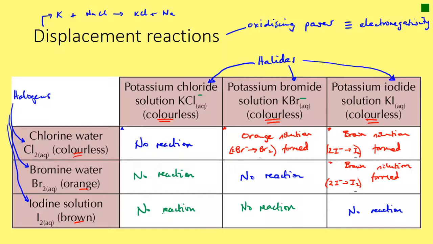And so what you're going to get is the bromine is going to come along and see an iodide ion with an extra electron. It is the more powerful oxidizing agent, so it's going to say to the iodide ion, I'm having that extra electron, and it takes that extra electron from the iodide that used to be with the potassium. So the bromine turns from a bromine element into a bromide ion.